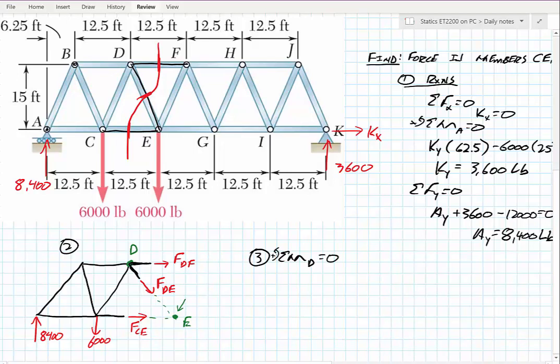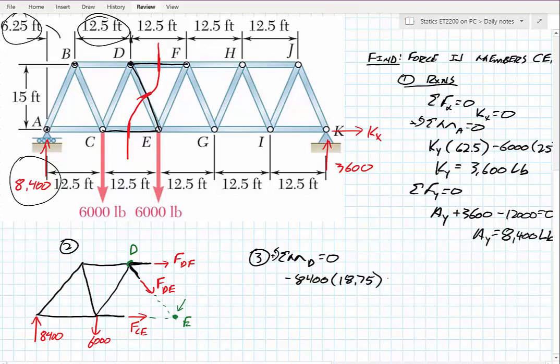We're sticking with our counterclockwise as positive notation. And so I have this negative 8,400, meaning it's creating a clockwise moment, and I have to find out my distance away. So I'm looking at this 8,400, and I see it's 6.5 plus 12.5 is its distance away from this point D, which is 18.75.